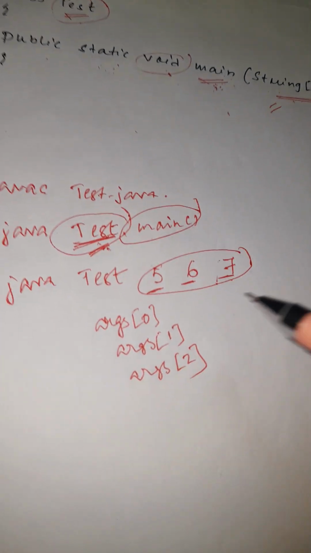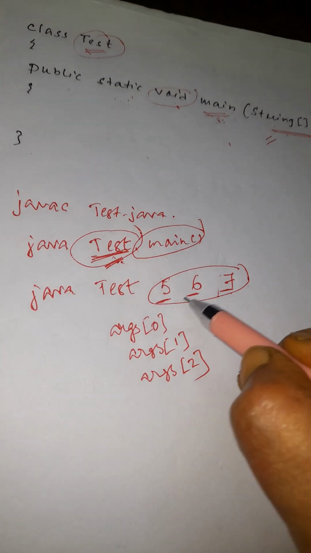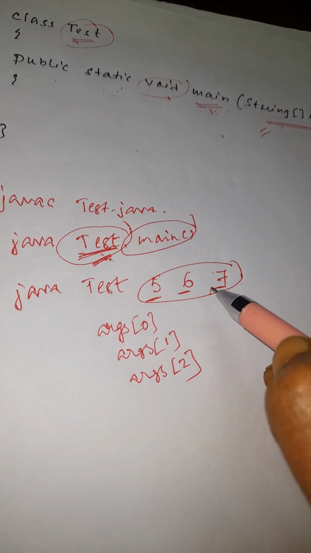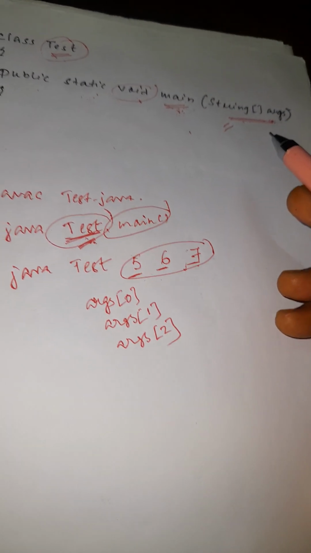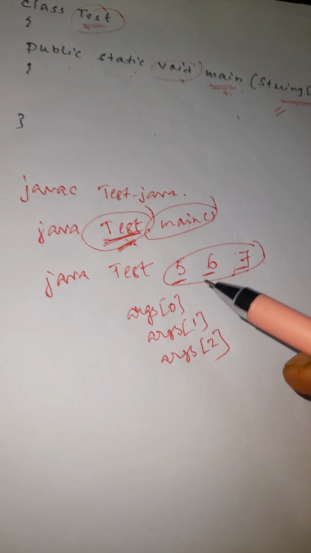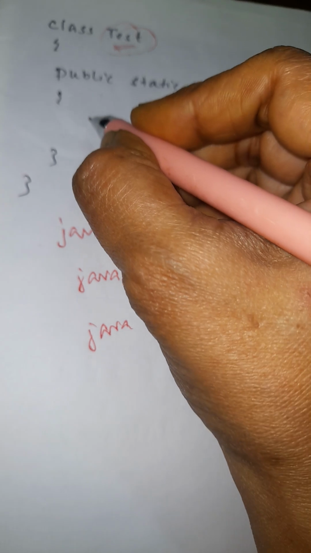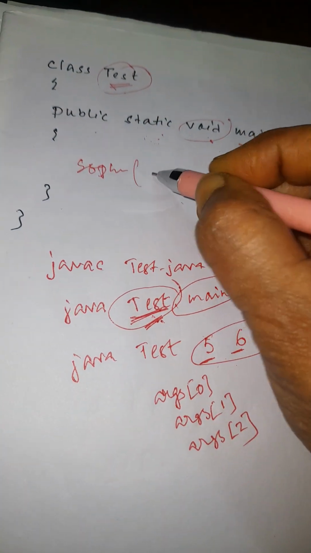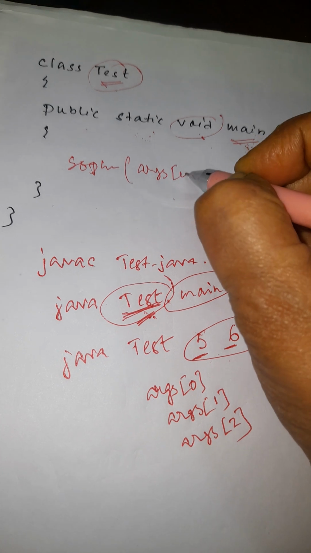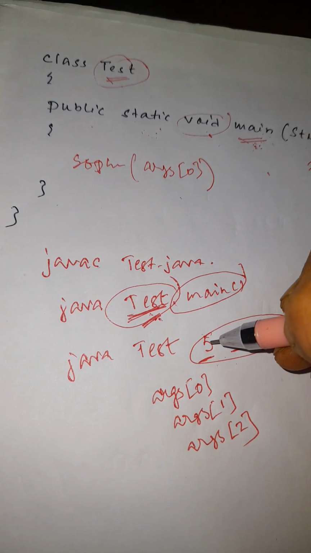Clear? So this is the method, and these are the values which you want to pass through your main function. If you want to print, System.out.println of args[0], what will args[0] be? It will be 5.